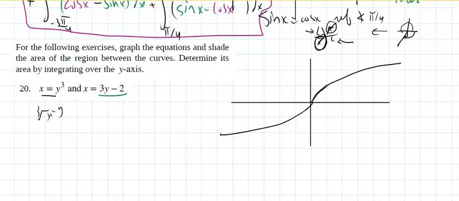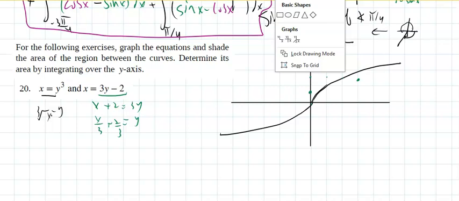You could say that x plus 2 equal 3y, or y equal x over 3 plus 2 over 3. So go 2/3 up, rise 1, and run 3. Draw a line.